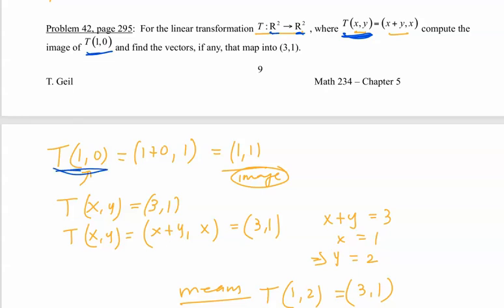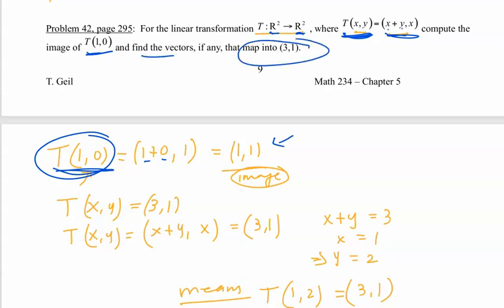According to this definition, you add the first and second components, 1 and 0, and the second component is just the x, so 1. So the image of (1, 0) is (1, 1), right?